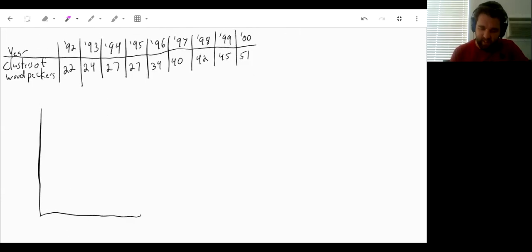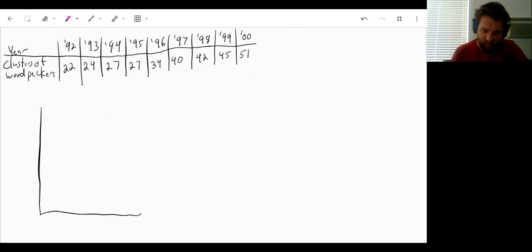So we'll start out, and we're going to say time 0 here is 1990. So 1, 2, so here's 92, 93, 94, 95, 96, 97, 98, 99, 2000. And we need our clusters of woodpeckers to go up to 51.